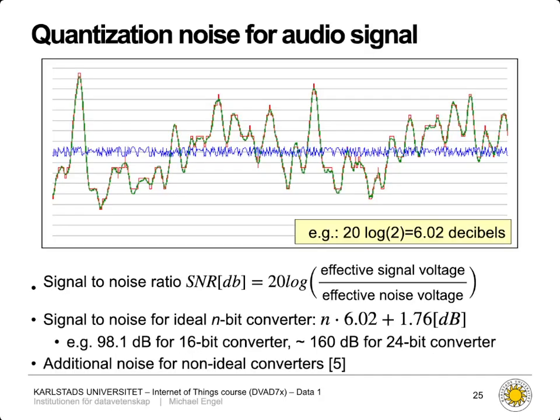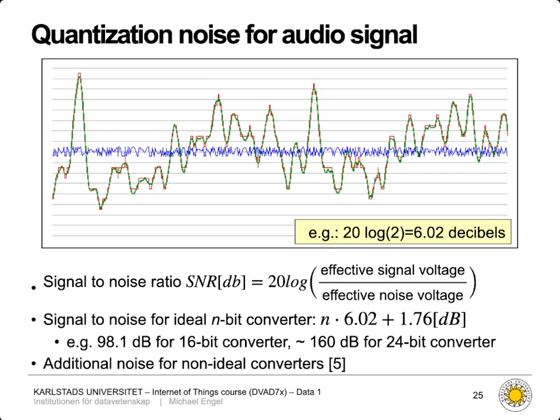And here's just an example of real-world quantization noise for an audio signal. The signal-to-noise ratio again is 20 times the logarithm of the effective voltage of the incoming signal divided by the effective voltage of the noise. For an ideal n-bit converter, this is n bits times 6.02 plus some basic level of 1.76 decibels.